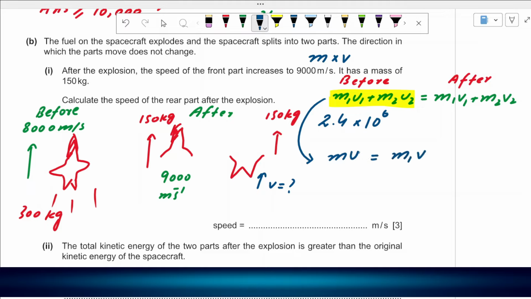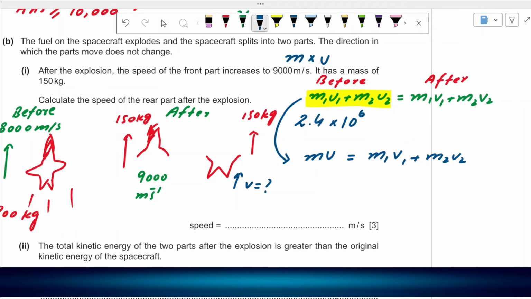I can write u here. u represents initial speed, equals m1v1 plus m2v2. Let's say the aircraft was broken into 3 parts after the explosion. Now the new expression would have been improvised into something like this, m3v3.